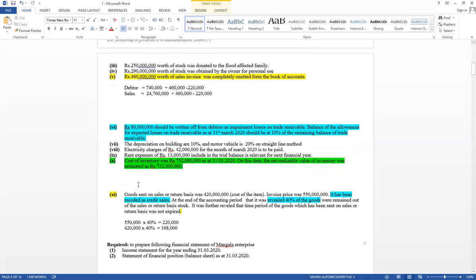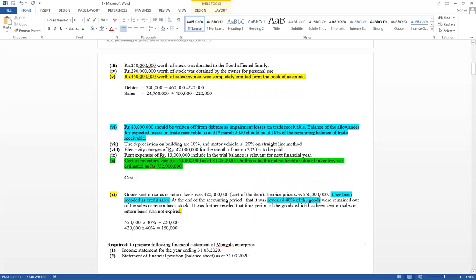Try to calculate the cost value. Think about the cost of inventory. It has given the cost of inventory available at the store: cost of inventory 752,000 as at 31st March 20XX. This is the inventory available at the store, and goods sent to the other business on sales or return basis.